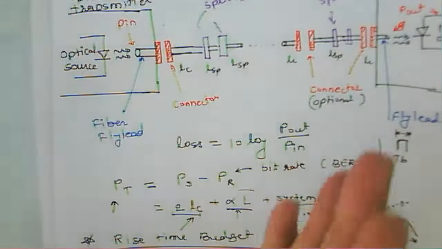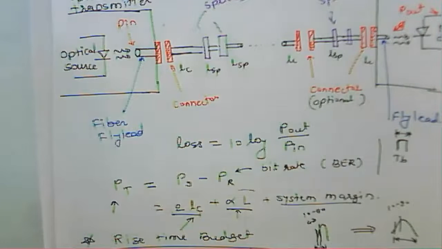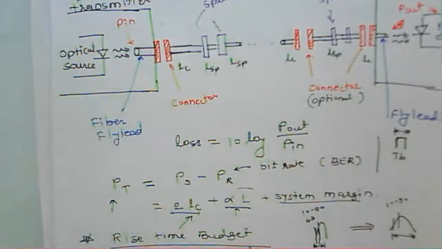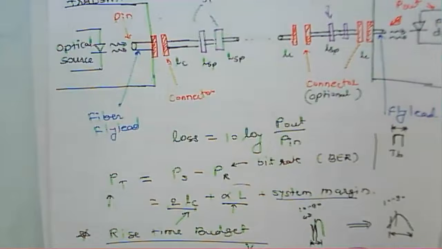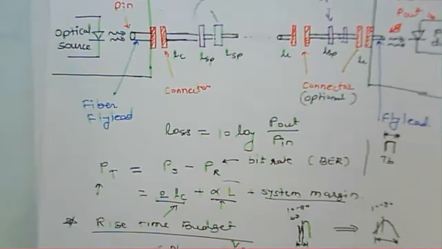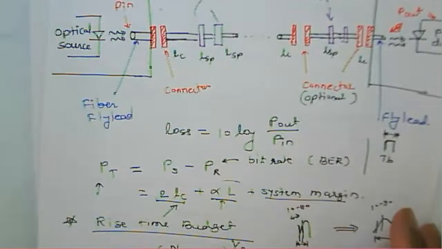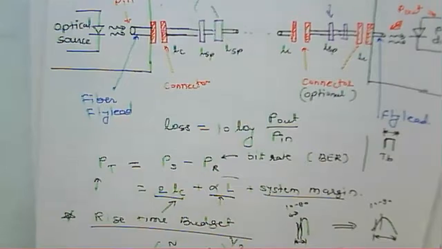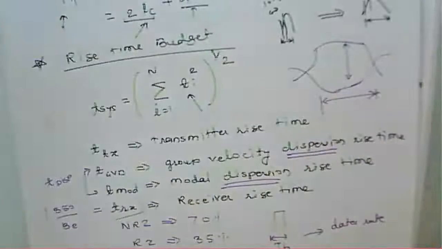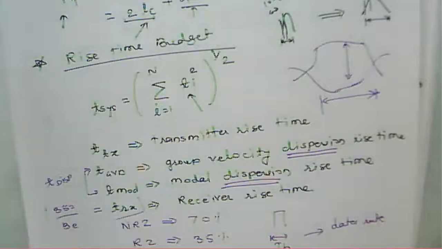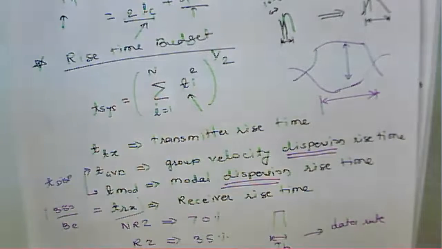With this, we conclude that the link power budget tells us the minimum acceptable power required for the given length of fiber, and the rise time budget tells us the minimum rise time required for the given bit rate or bit error rate. So that is what we have seen today: the link power budget and the rise time budget.